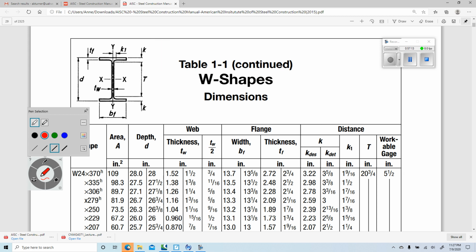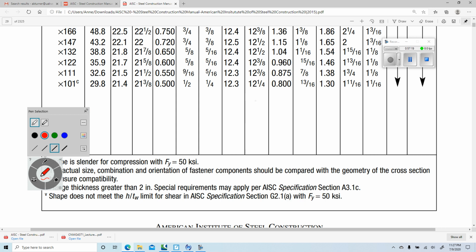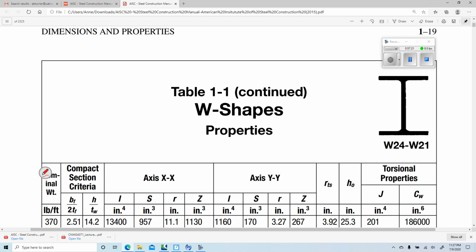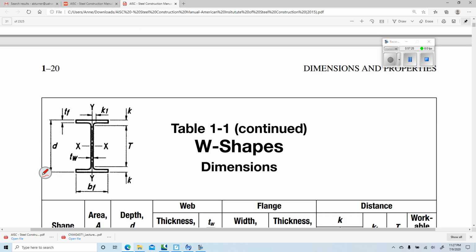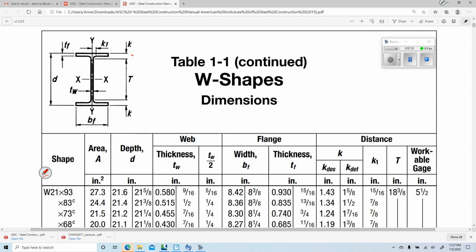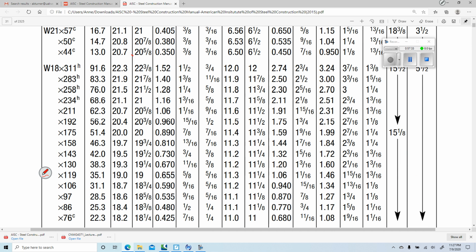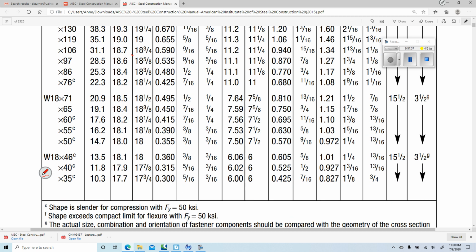So I have to go to actually the WT section. Yeah, it's not that. It's not that. That is a gate, it's how you build it.